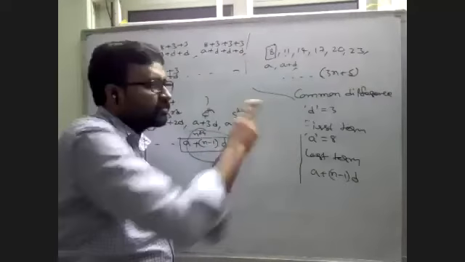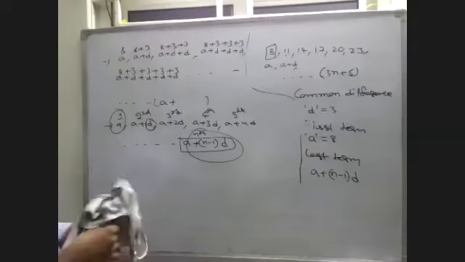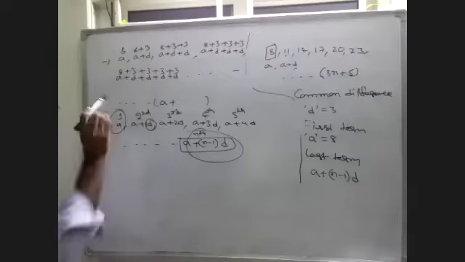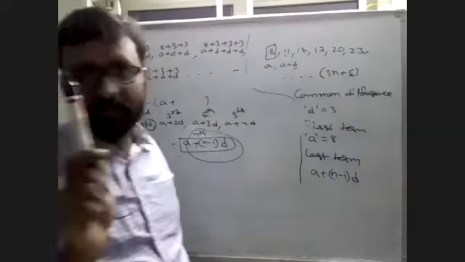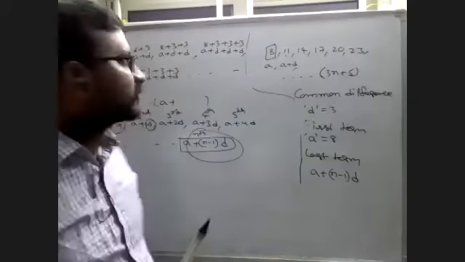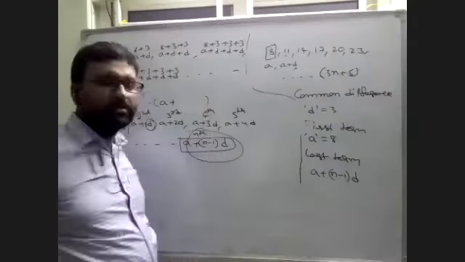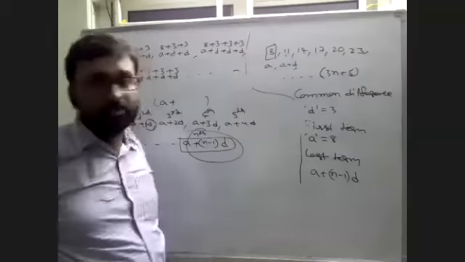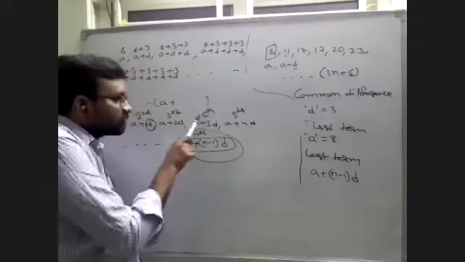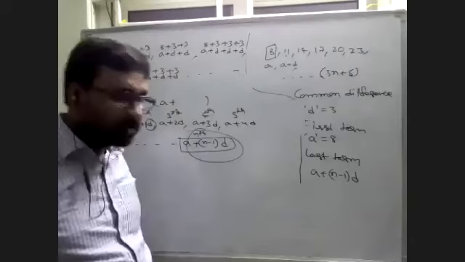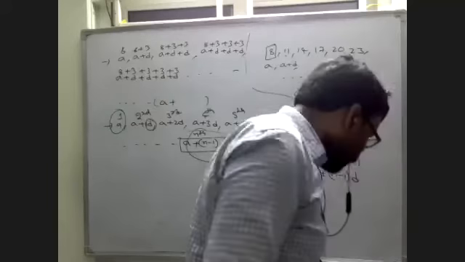This is the first term, there is no D. For the second term, add one time the common difference; third term, two times; fourth term, three times; fifth term, four times. For the nth term, n minus 1 times. 5 minus 1, 4 minus 1, 3 minus 1. Like this, you have to add the common difference for all questions.